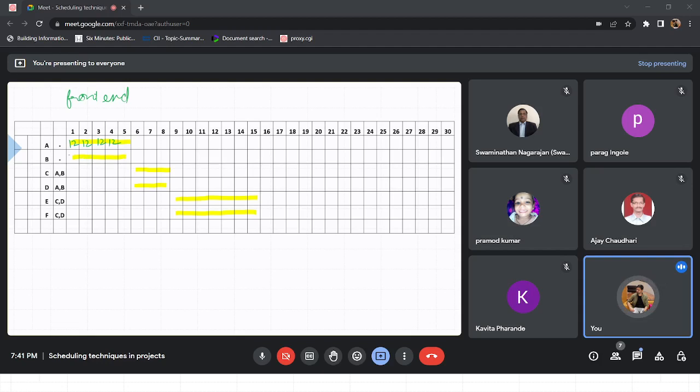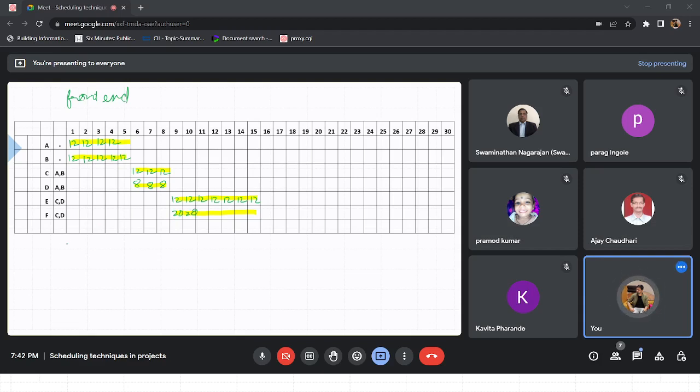For B also, C again 12. D 8 for 3 days. Now E, I have to have 12 for 7 days. And F, I have 20 for 2 days. Right.